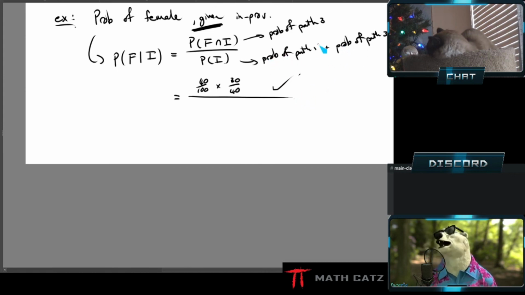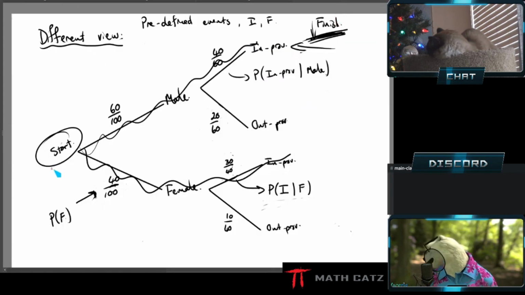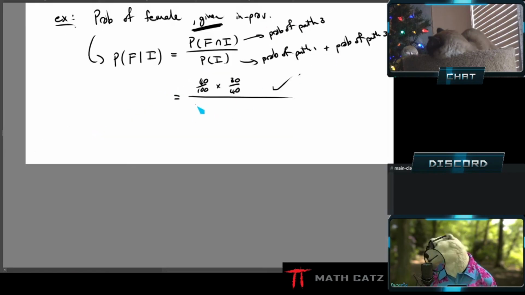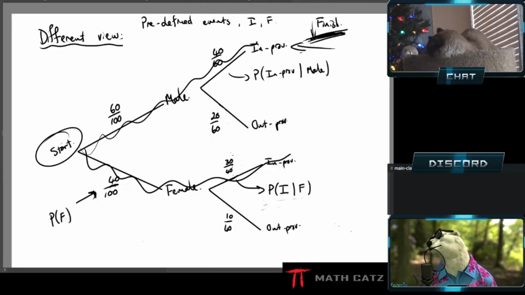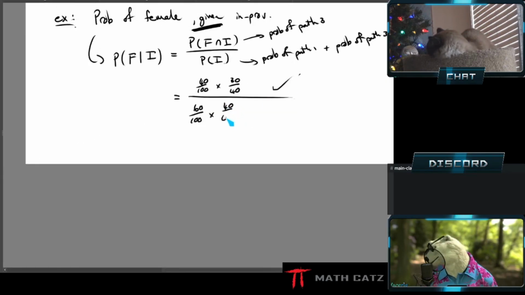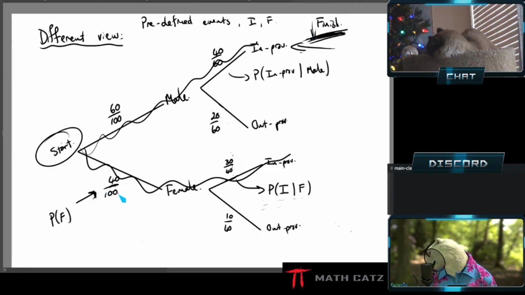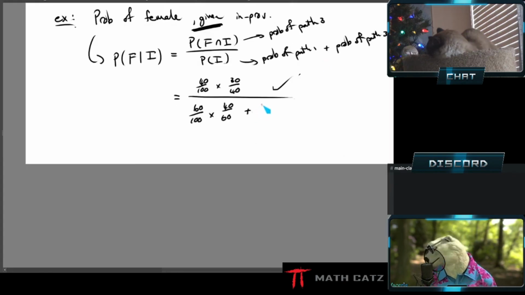Now I just go, okay, what is the probability of path 1? Multiply along the path. So 60 over 100 times, what was it? 40 over 60. Plus probability of path 3, 40 over 100 times 30 over 40.